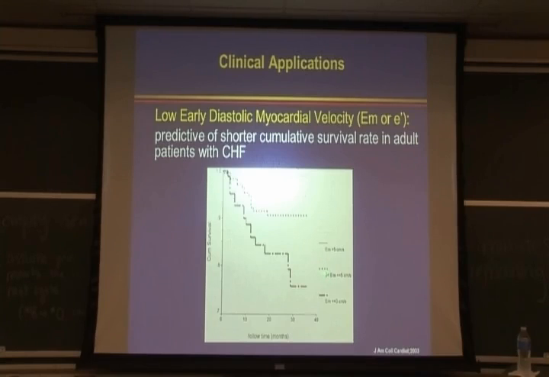The intermediate group, between 3 and 5, had intermediate results in terms of survival. So it does have some clinical application that we do apply in our clinical practice in discerning the diastolic dysfunction, discerning the myocardial function.